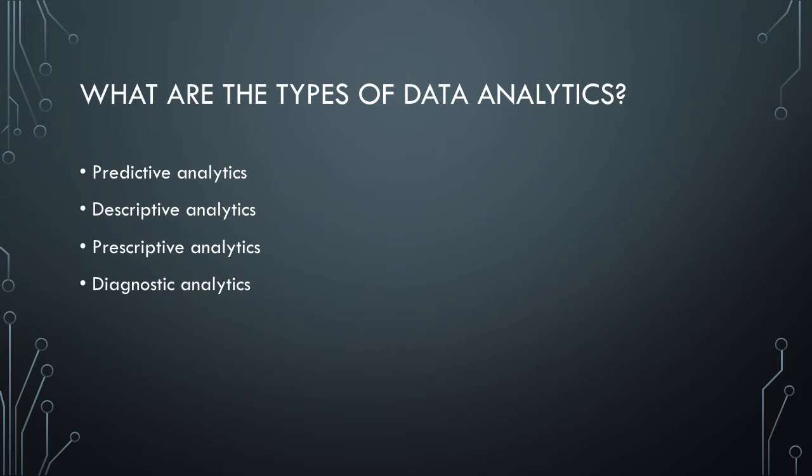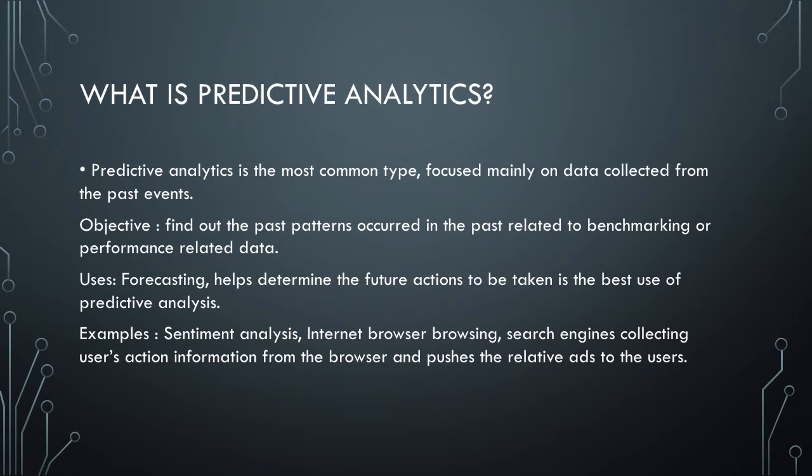The first one is predictive analytics, second is descriptive analytics, third one prescriptive analytics, and the fourth one is diagnostic analytics. As of now it all looks similar from the naming convention, but we will be seeing the difference between each of them. So with that we can quickly go to the predictive analytics section.